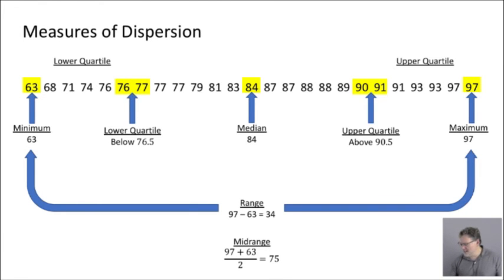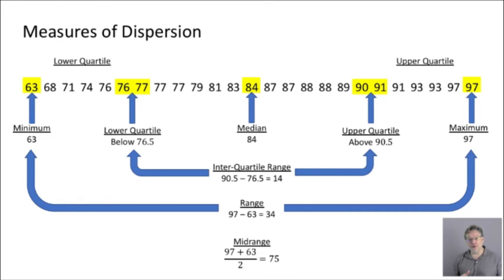In addition to this, if we take a look at the lower quartile and the upper quartile and find the difference between those two, we get 90.5 minus 76.5 for a value of 14. We call this the interquartile range. It's the difference between the lower quartile and the upper quartile. So think about where that lower quartile and the upper quartile exist.